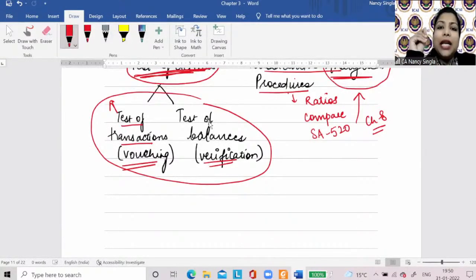Audit is an independent examination of financial information. So, okay, the internal controls are good, but we are giving an expert opinion on the financial information. So even if the internal controls are good, auditor will have to perform substantive procedure, because auditor is giving what? Opinion on the financial statement.